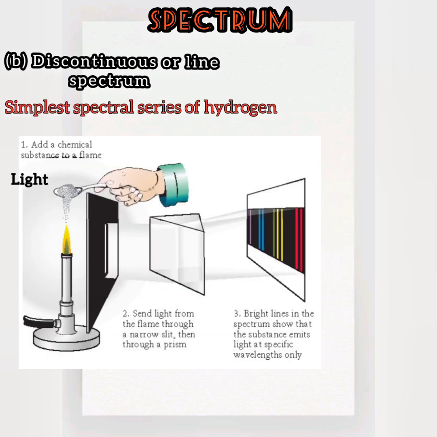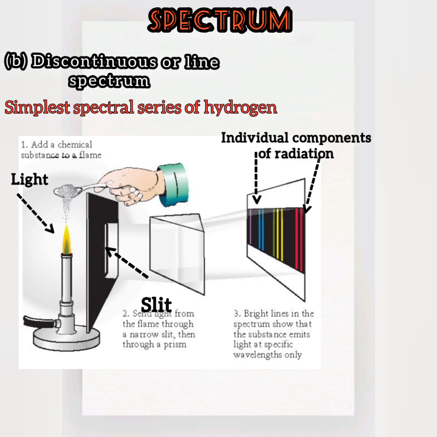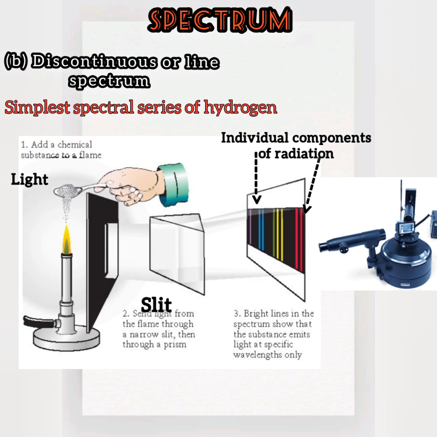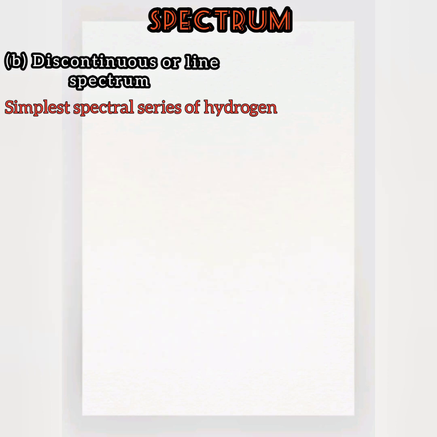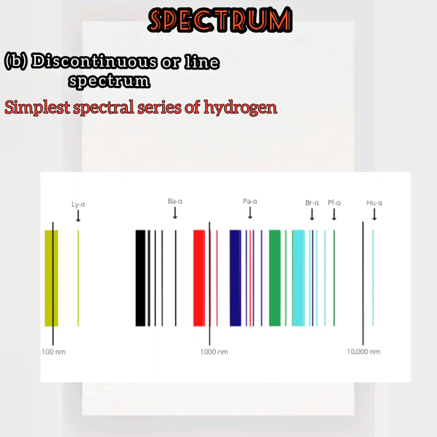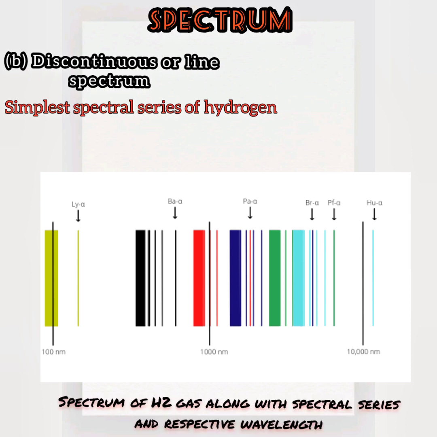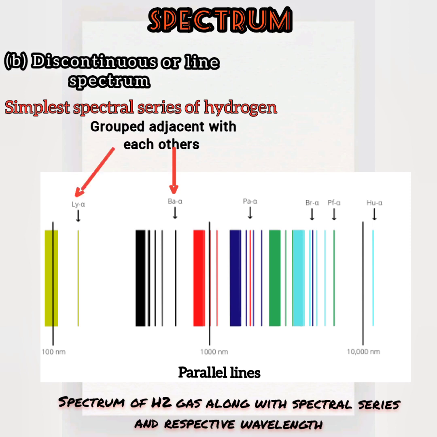When a light or radiation beam enters the device through a slit, each individual component of the light or radiation forms an image of the source. When resolved with the spectroscope, these images can be seen. The images obtained will be in the shape of parallel lines grouped adjacent to each other.